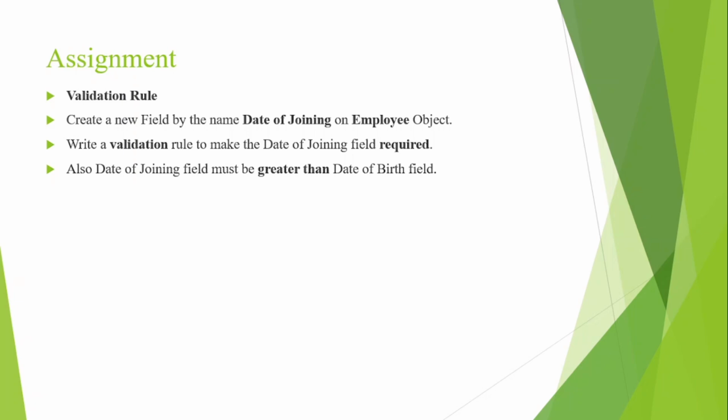Write a validation rule to make the date of joining field required, as we are creating our own custom field. Also, the date of joining field must be greater than the date of birth field.